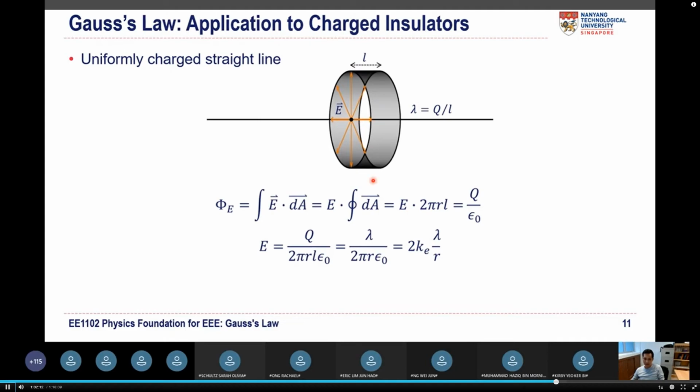Then we can substitute that in and express our electric field in terms of how far you are from this line, as well as the line charge density of this line.